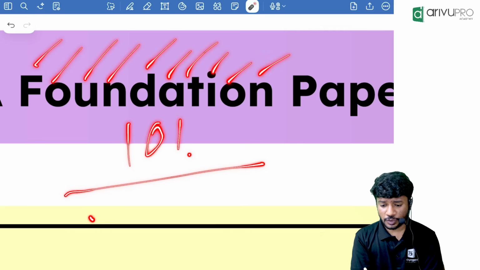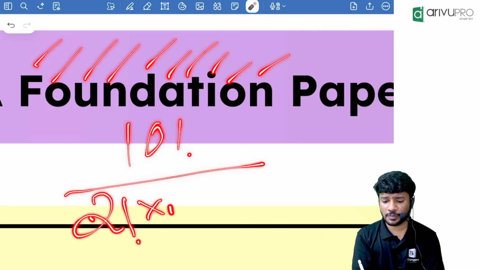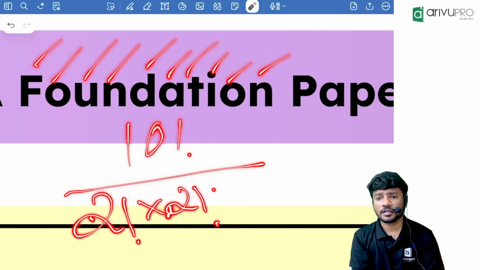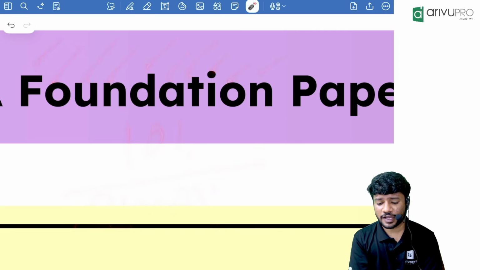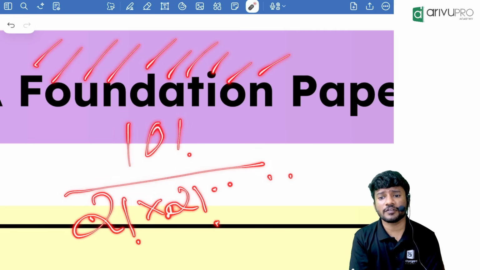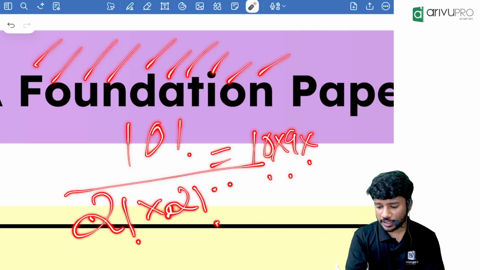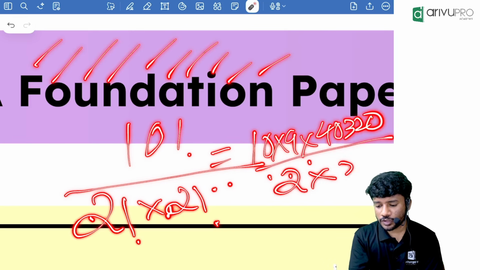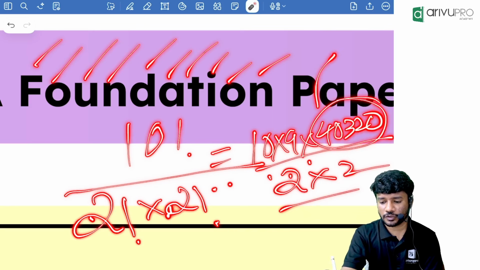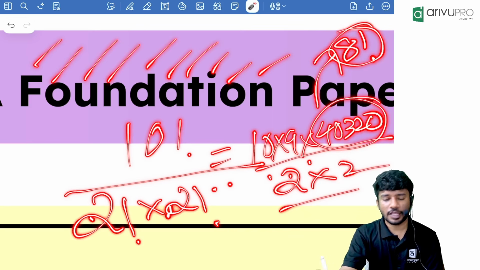U is repeated 2 times, no. O is repeated 2 times. N is repeated 2 times. Anything else repeated? No. That means 10 factorial divided by 2 factorial divided by 2 factorial divided by 2 factorial. How will you rewrite it? 10 into 9 into 40320 divided by 2 into 2. What is this 40320? 8 factorial.